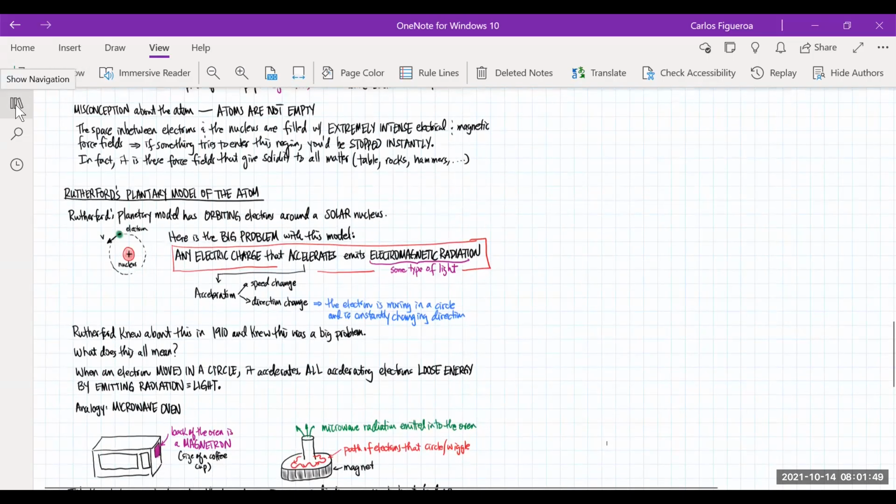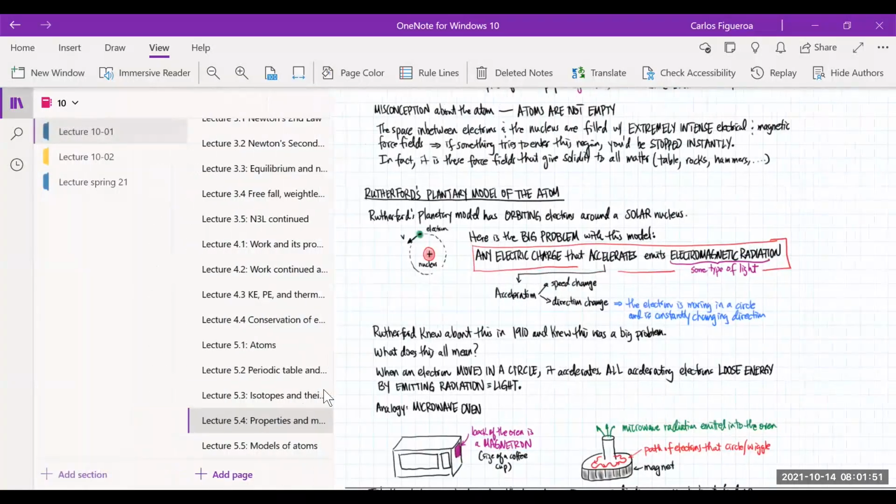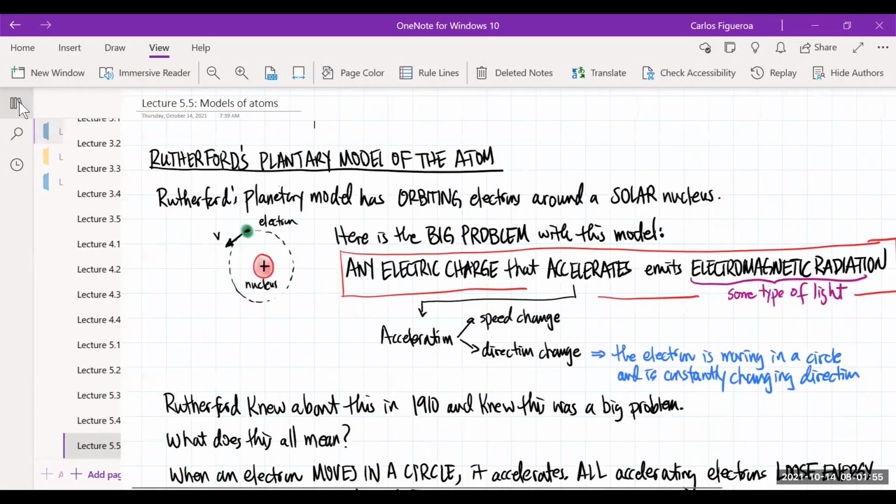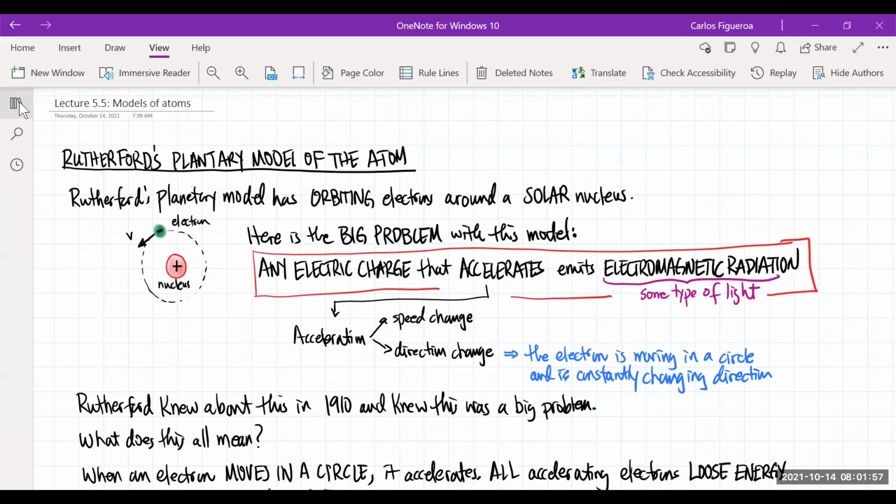So you don't have to necessarily write this because it's already there. The only reason I did that is to keep the same thread going for this lecture, because we're talking about models of the atom. So we were starting to talk about Rutherford's planetary model of the atom.